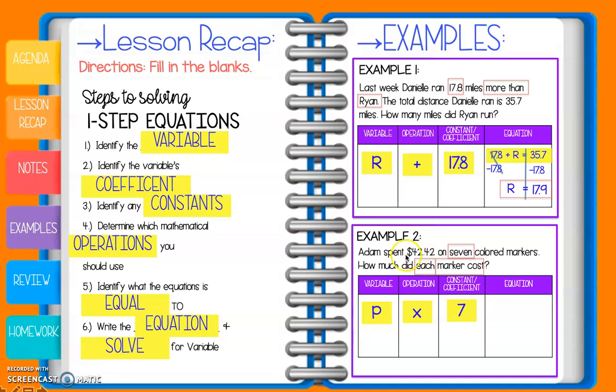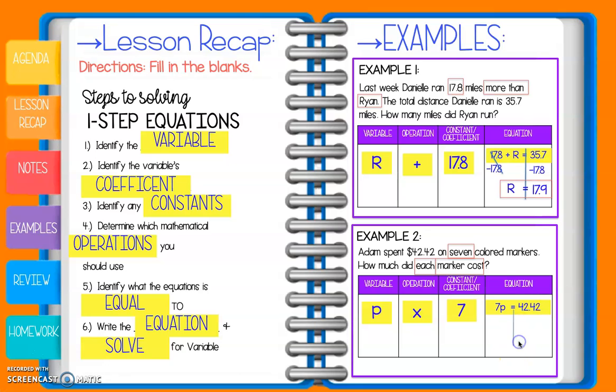And we know that he spent a total of $42.42, so that's what our equation is going to be equal to. So if we write it out, we're taking the price of 7 markers, and that equals $42.42. So I can write that as 7P, or 7 markers times the price, equals $42.42.